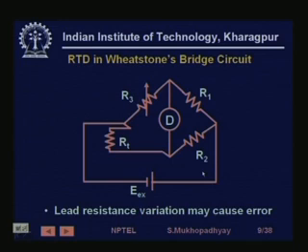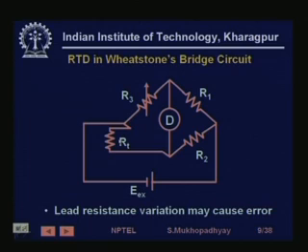It is well known, and I am not going to cover it here, that the detector voltage for small changes in this RT, which is the sensor, is proportional to the resistance change.